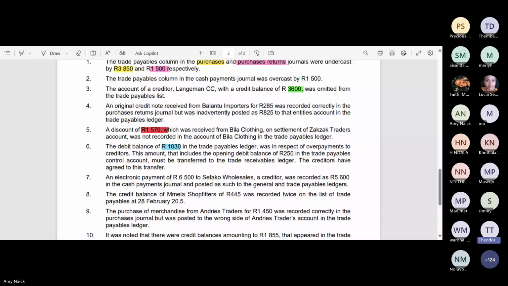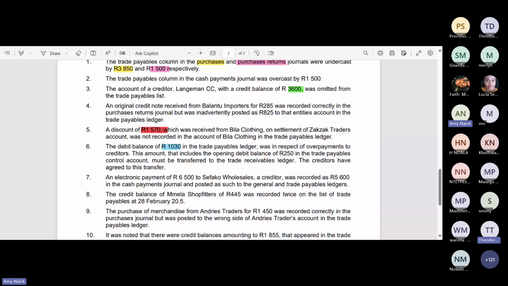And in their books, they will record that 600 rand as a credit balance, right? But in my books, I will record it as from my bank 600 rand went out, and then I paid this creditor 600 rand, but I was only owing them 500 rand. So what am I going to do with this 100 rand? In my books, I must credit it again, according to what we are doing now.